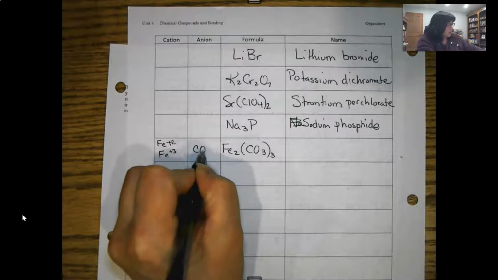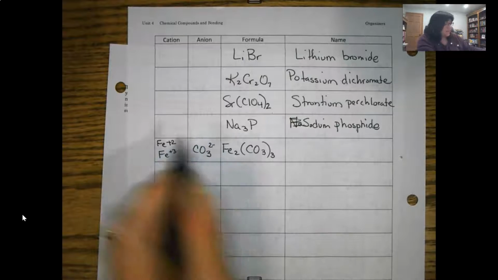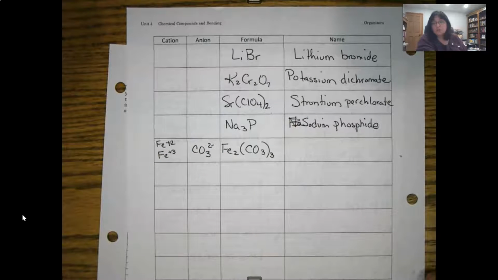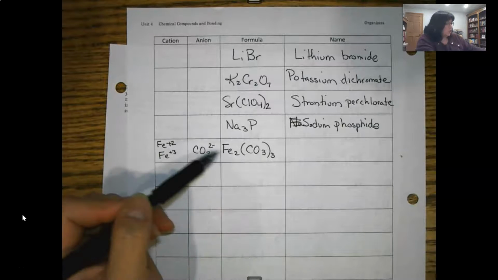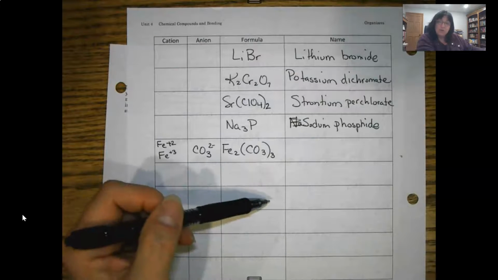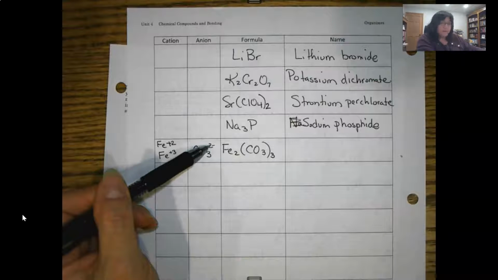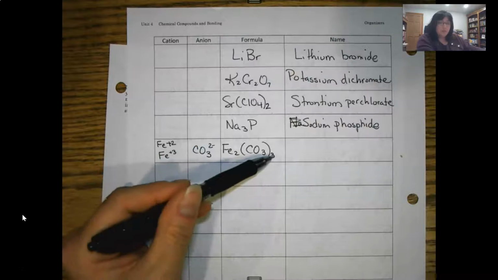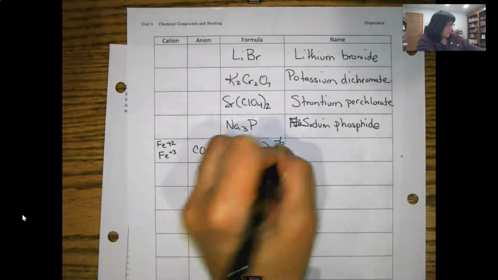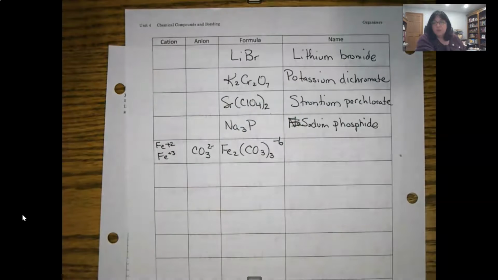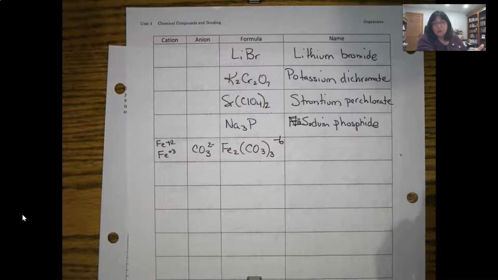You know that carbonate is CO3 2-, or you will because you'll be using it enough and you'll memorize. So carbonate CO3 2-. So think about what my total negative charge is now. 1 is -2, but I've got 3 of them. So the total charge is -6. Well, we also know that the total positive charge better be +6.